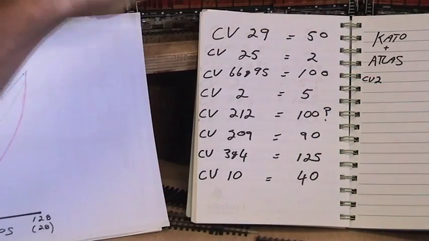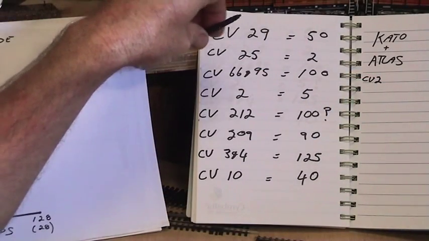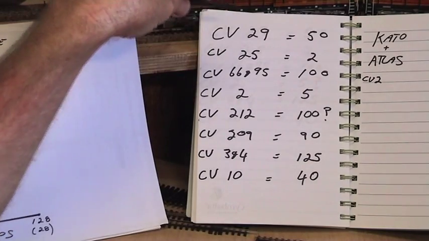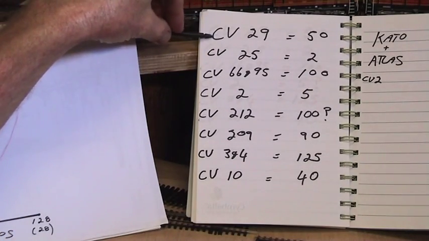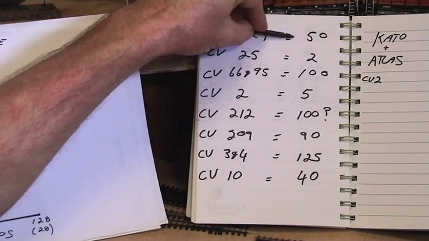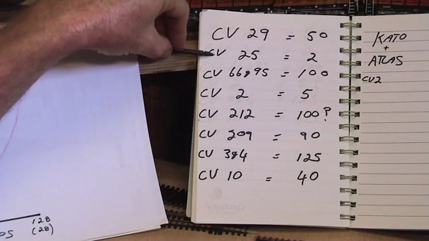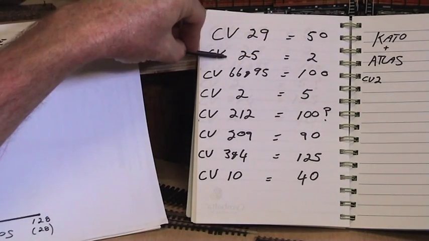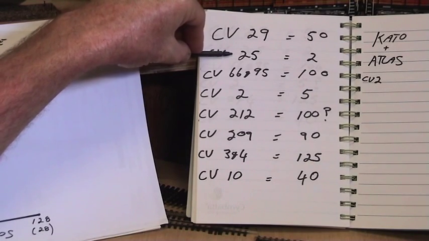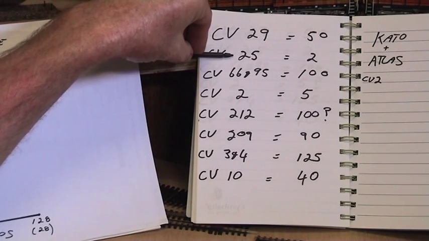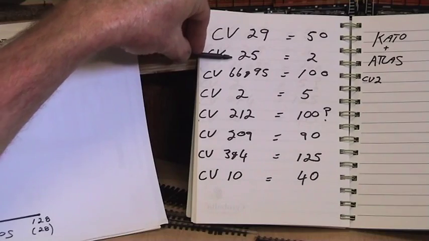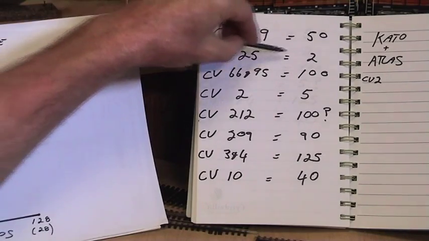Remember, in our initial settings way back in Programming Tsunami Decoders Realistic Operation, we unlocked our speed table, CV29 equals 50, and then set our speed curve, which is the linear speed curve. As you accelerate on your throttle, your voltage to your motor goes up in a straight line, which is the standard factory default, CV25 equals 2.